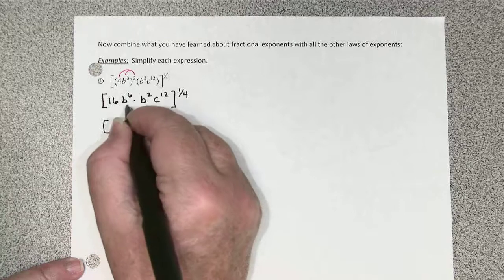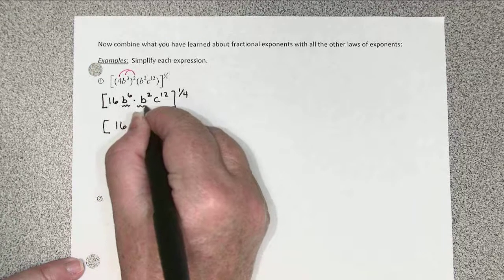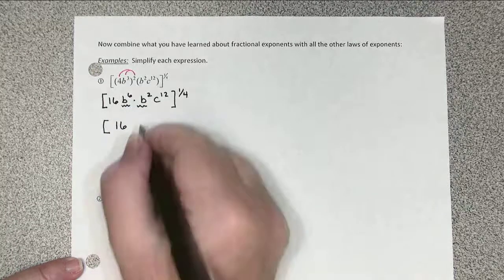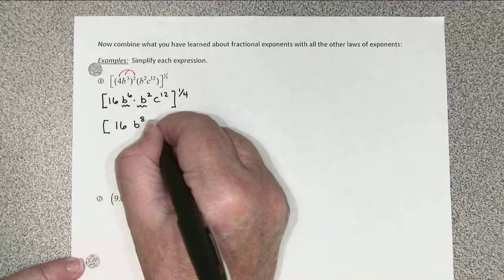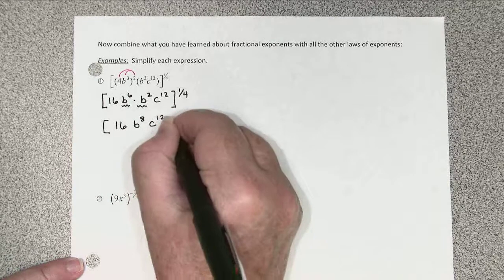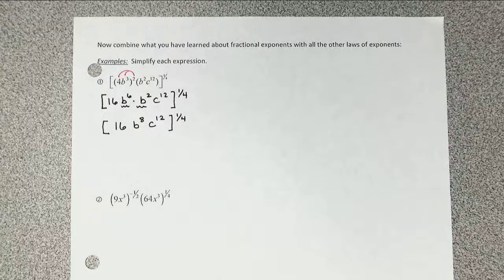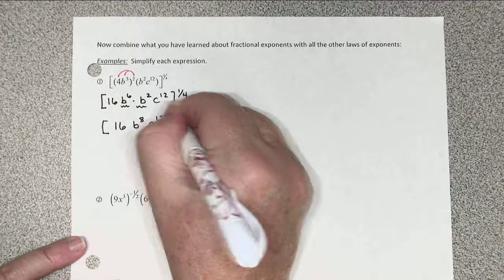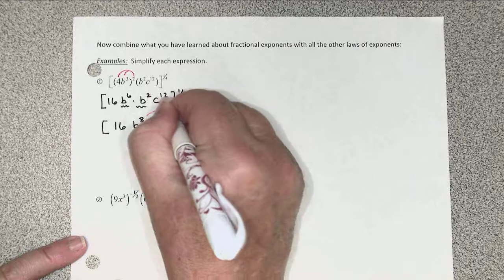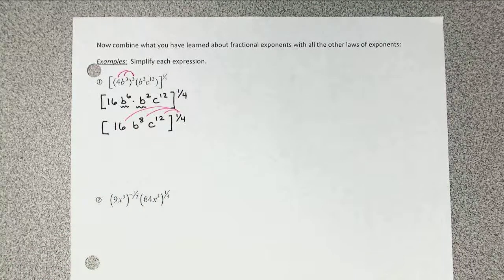which is 16, and I can go ahead and add those exponents to multiply the b's. b to the 8th, c to the 12th, to the 1/4 power. And now I'm going to take that 1/4 power, and I'm going to apply that exponent to all 3 factors. Again, everything's multiplied together, so it's okay to do that.